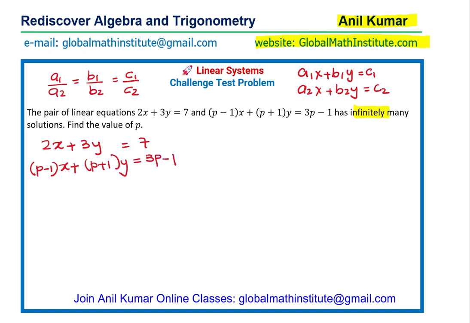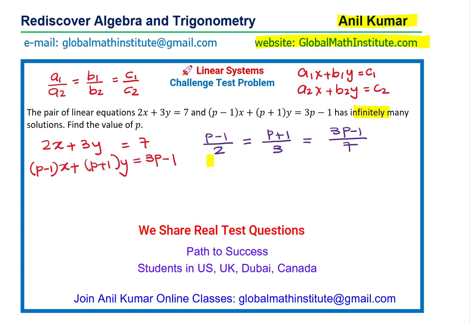So that gives us a condition that (p - 1)/2 should be equal to (p + 1)/3, and that should be equal to (3p - 1)/7. So that becomes the condition. Only then the value of p found will ensure that we have infinitely many solutions. So let's begin by taking these two equations first and then verify our solution with the third.